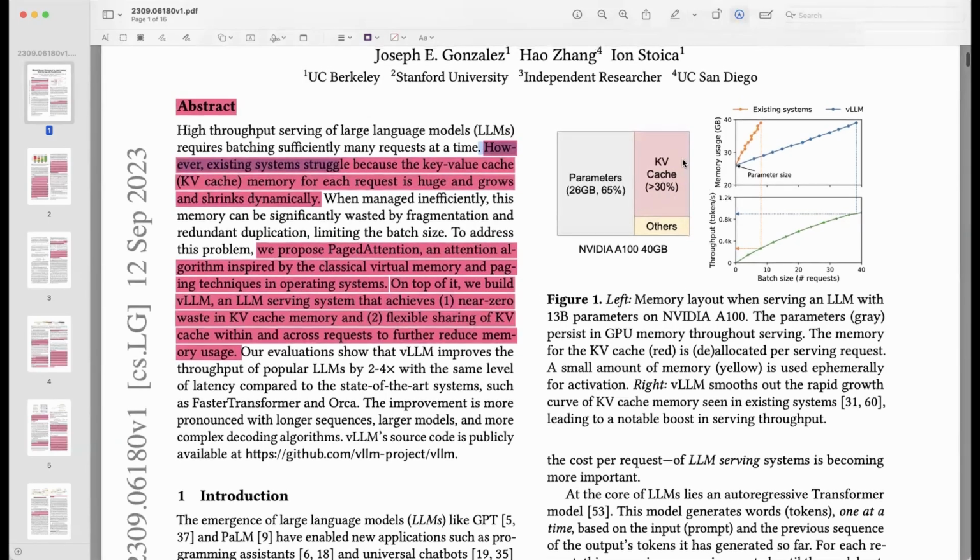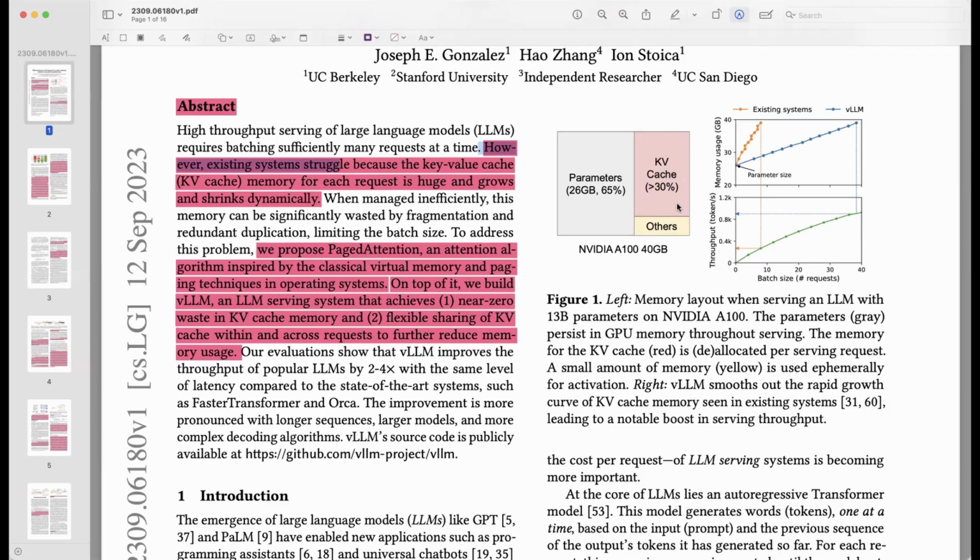So a large portion of the memory is used by KV cache, and this is how LLMs differ from traditional models like convolutional neural networks, where the memory would just be occupied by the model parameters, the activations, and maybe the input image. It won't have this big component of a KV cache, which also changes dynamically. An input image in a convolutional neural network is a fixed size and a model would only accept that size.